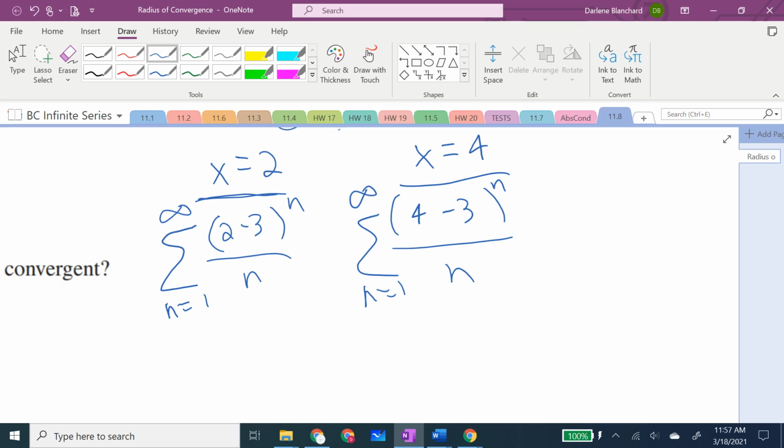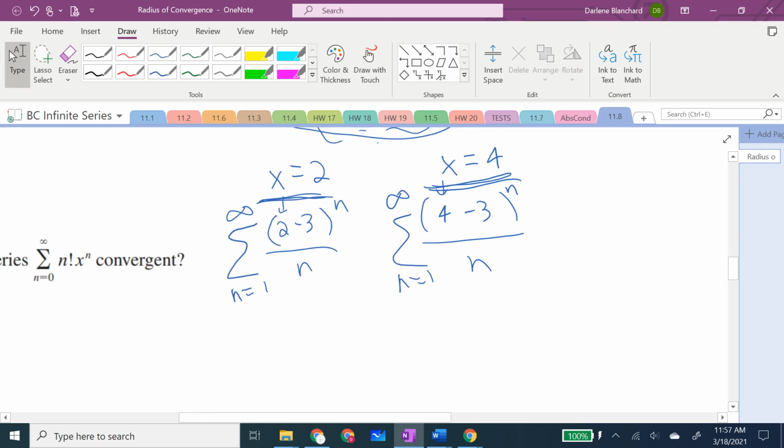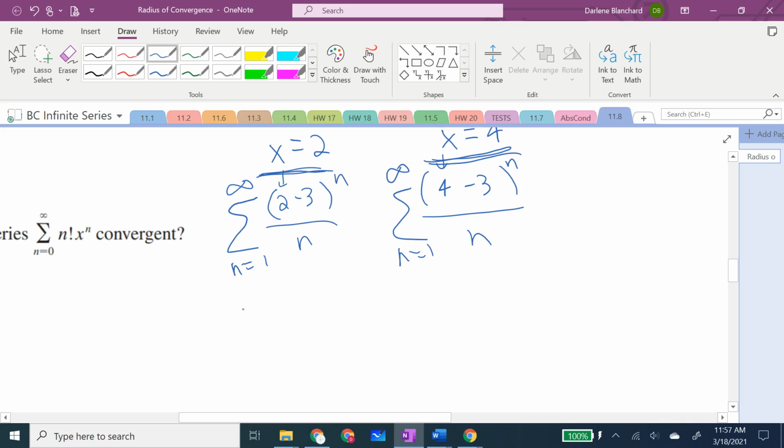On the AP exam, you need to say, this is the x I'm plugging in, plug it in. This is the x I'm plugging in, plug it in. You are allowed to simplify as you plug in. But I'm going to show all the steps that might be taken.